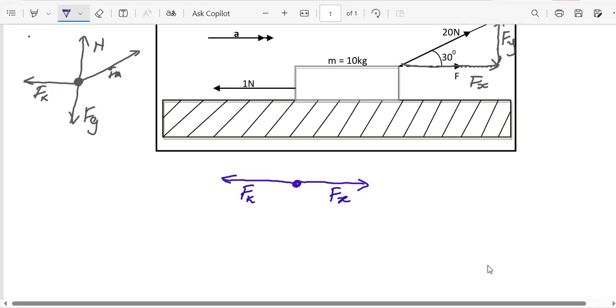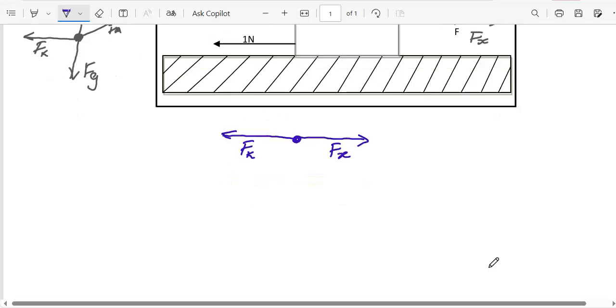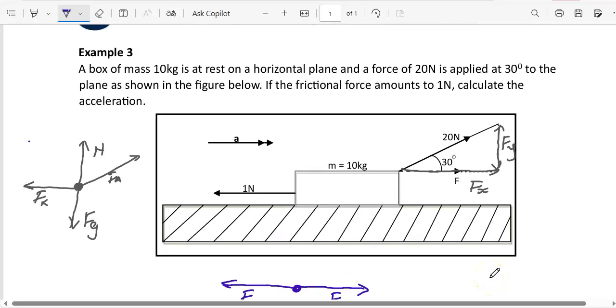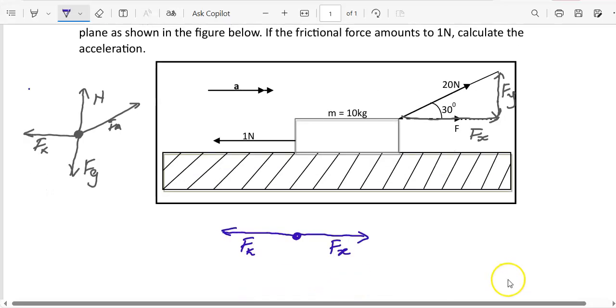So these are the only horizontal forces you have. Remember, in our previous video we discussed that our Fx is equal to F cos theta. If you don't understand where this is coming from, you can go back and refer to the previous video where we were talking about vertical and horizontal components.